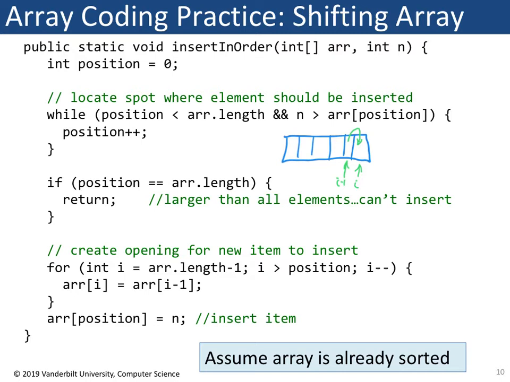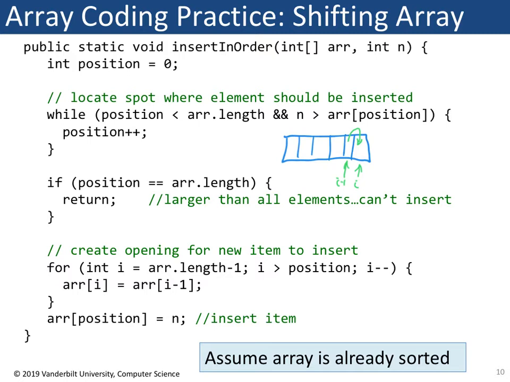We take the value stored in I minus 1 and store it into I, which deletes the value in I. We didn't save it off, and we don't want to. We said we were going to drop it. And this will progress until I is no longer greater than position.